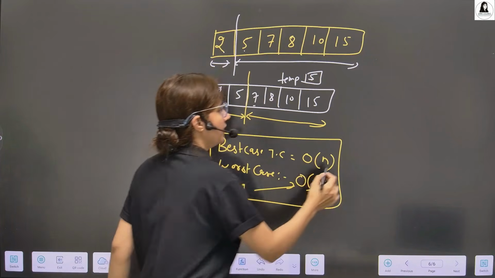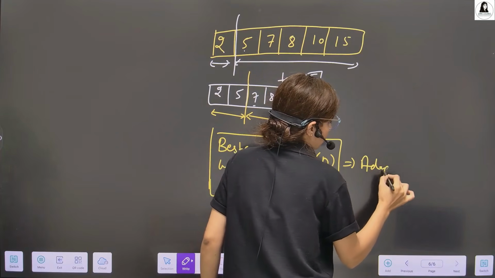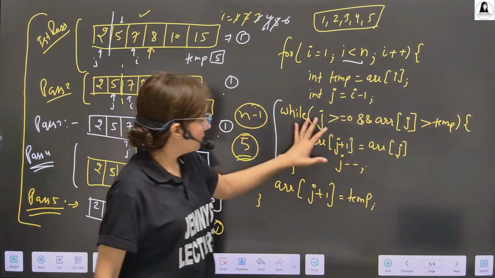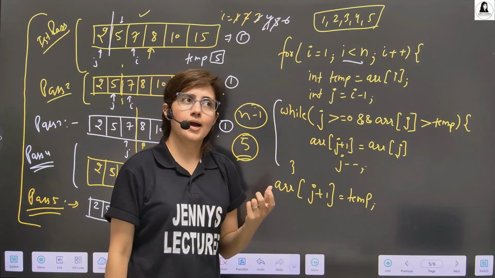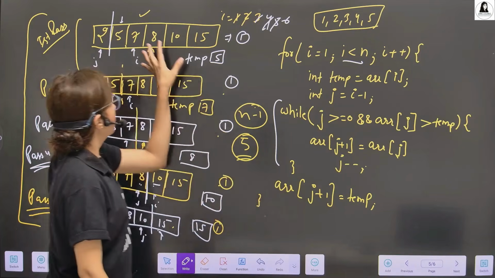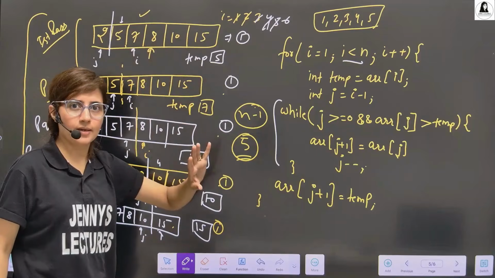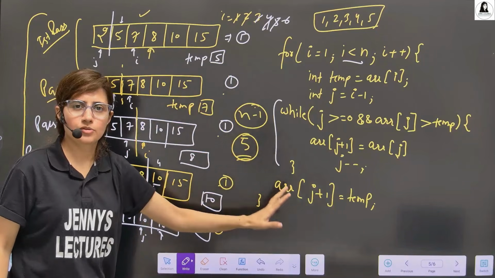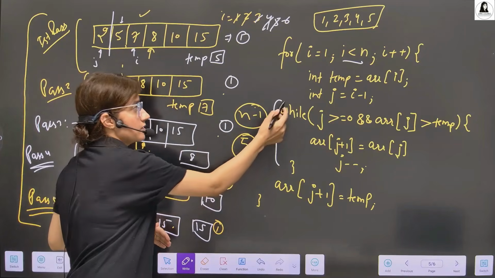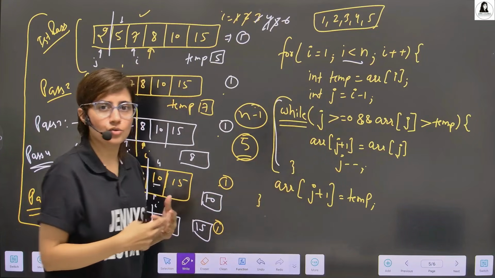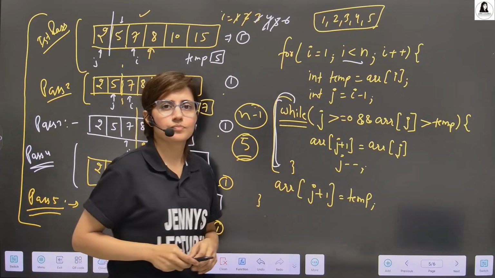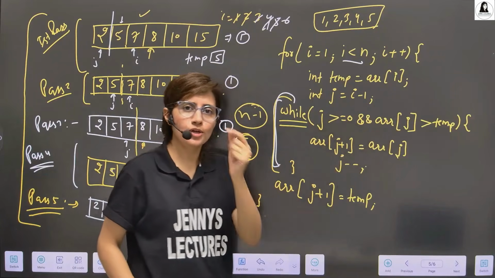So yes, we can say that it's adaptive. It's adaptive by default. In bubble sort, we added a flag variable to make it adaptive, but in this case it's not needed, because it is taking advantage of the sorted array. We don't need more comparisons; in every pass, only one comparison. Although there are 5 passes, within the passes we know how many times the inner loop will execute, and that gives the number of comparisons and the time complexity.